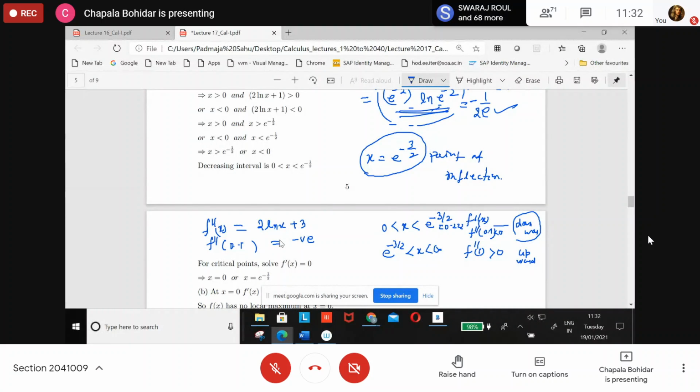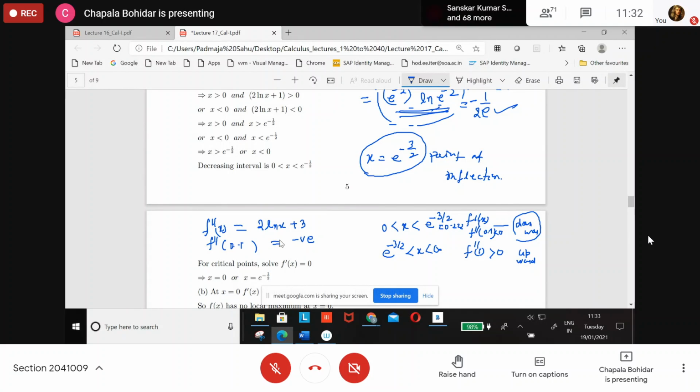So what is the question asking? Increasing, decreasing is over. Local maximum, minimum is over. Interval of concavity and point of inflection you also got. Okay. Ma'am, local maximum?